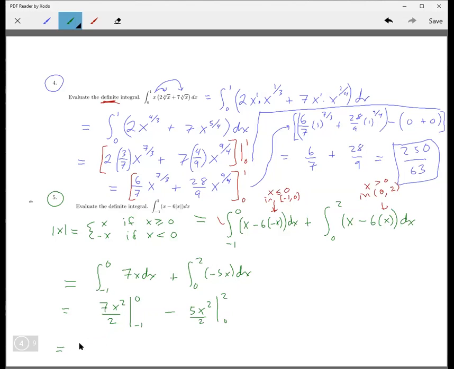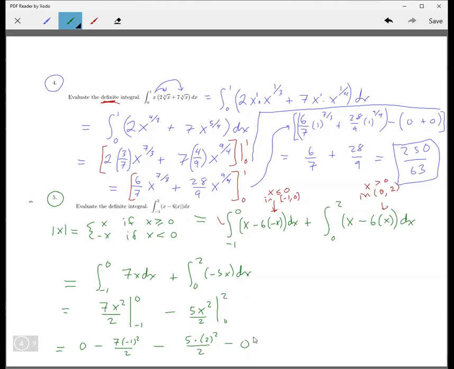Okay, this one first. So that will be 0 minus, and then that. And then here you put the 2 in, so that's 5 times 2 squared over 2 minus 0. When you put the 0 in, it's just going to be 0.